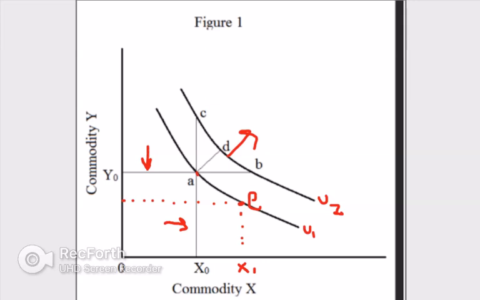However, at each point, if we're going to calculate the slope at each of these points, we can see that the slope is much higher here than it is here, because at this point you've given up more of commodity Y, so you're less willing to give up more pancakes to get more Coca-Cola as you have more Coca-Cola.